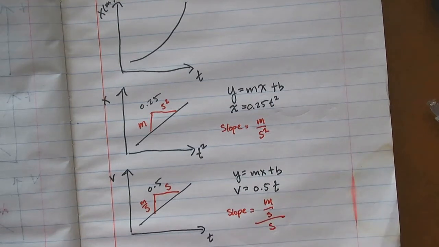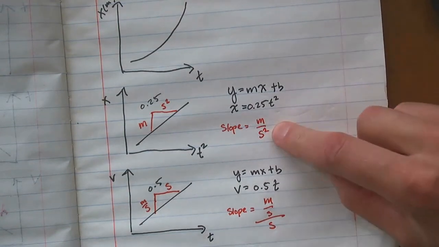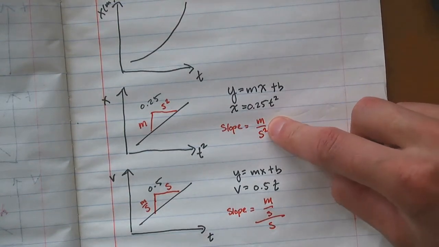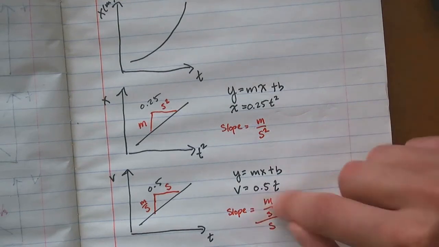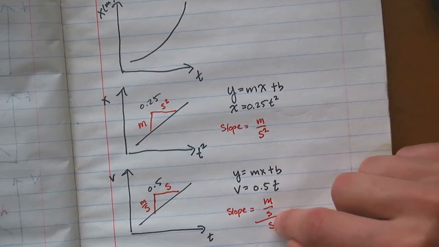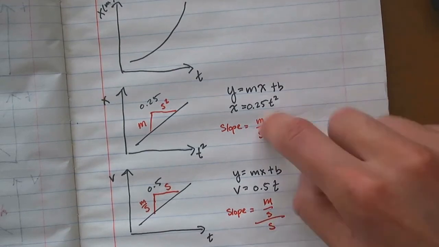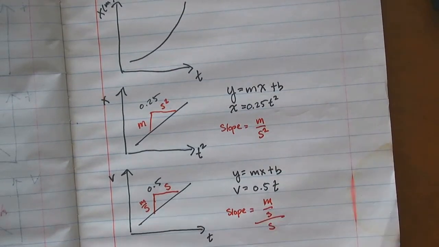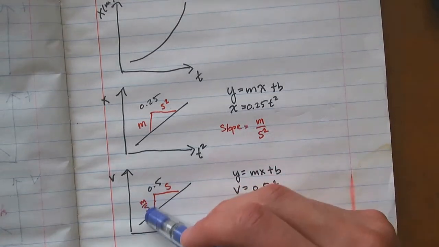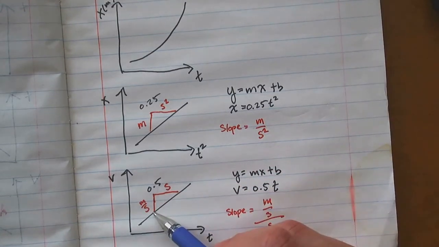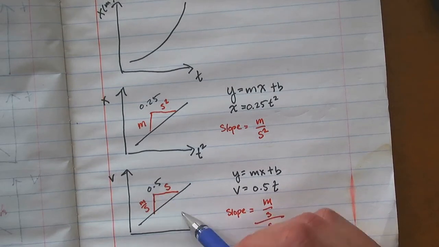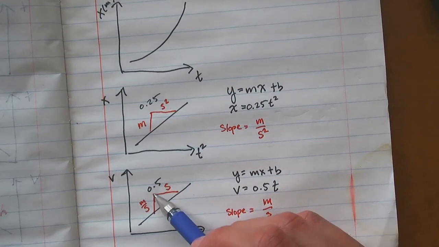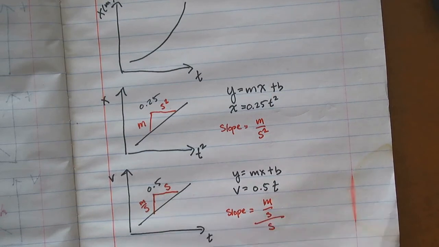Okay, so let's pause for a second and see if we can gain some of the meanings. You'll notice that in class I skipped over the meaning of this. This one's a bit easier to figure out, so we'll come back, but let's look at this. Slope is basically your change. This is how much your velocity has increased or changed, because you could have a negative slope. So it's how much your velocity has changed over how long that has taken.